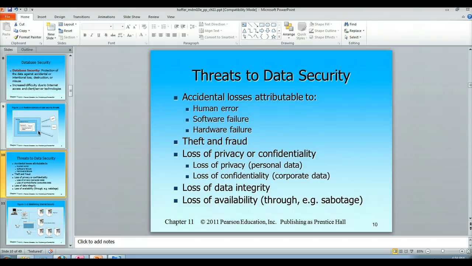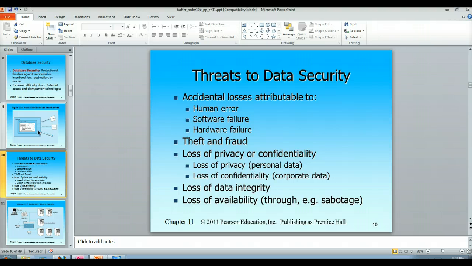Or you can have a hardware failure where the physical machine crashes, a disk crashes, memory sticks fail, anything like that. And along the lines of hardware, you're talking about network, you're talking about the availability of your data. So the accidental loss is terrible because it's very difficult to protect yourself against human error. For instance, you never know when software is going to fail you, and hardware is designed to fail. It will invariably fail at some point in time.